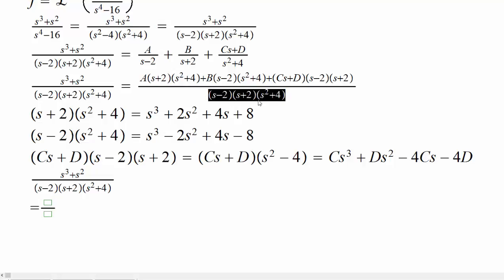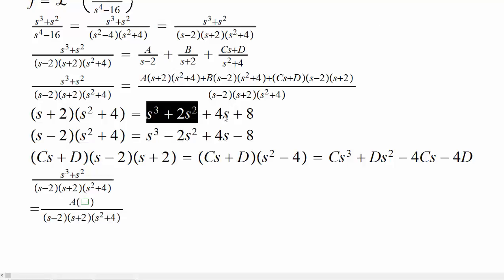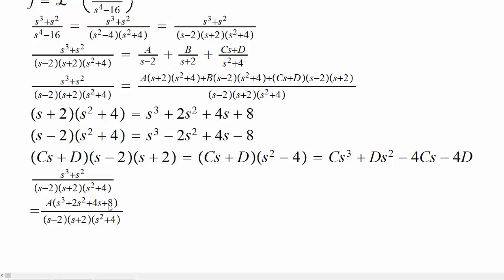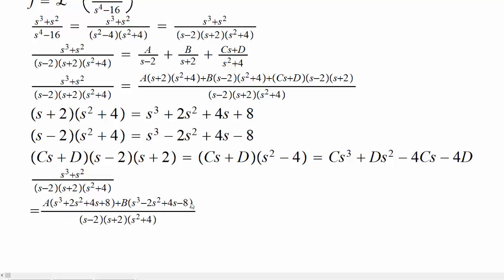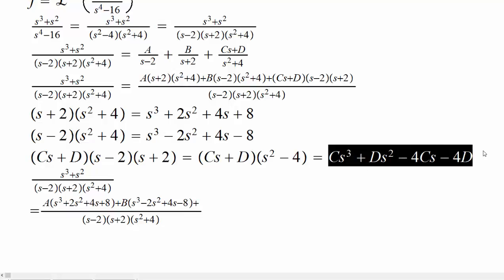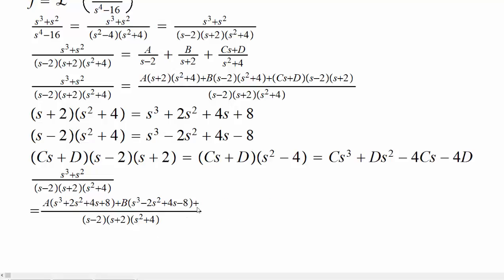So you have this, and then you have A times this whole quantity, then plus B times this entire quantity, then plus we have Cs, then we have, actually we will write it as it is because we multiplied them all together.